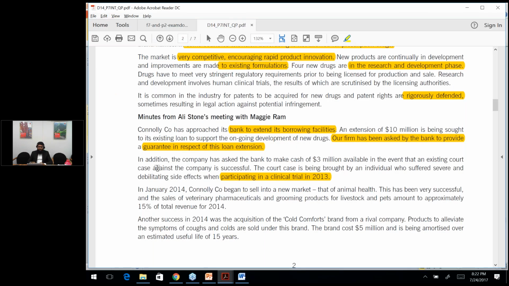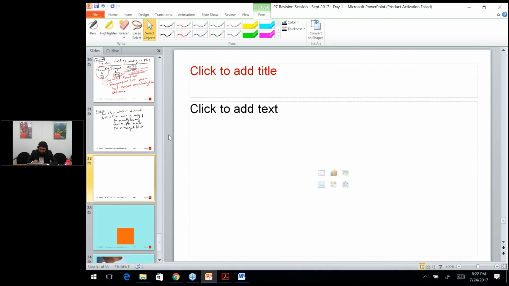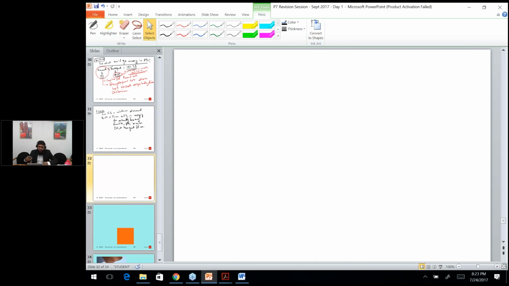The next scenario is, in addition, the company has asked the bank to make cash of $3 million available in the event that an existing court case against the company is successful, and the court case is being brought by an individual who suffered severe and debilitating side effects. You see, if somebody has taken your entity to court and you do know that the entity was at fault, then there is a highly likely chance that the entity will have to settle the liability.